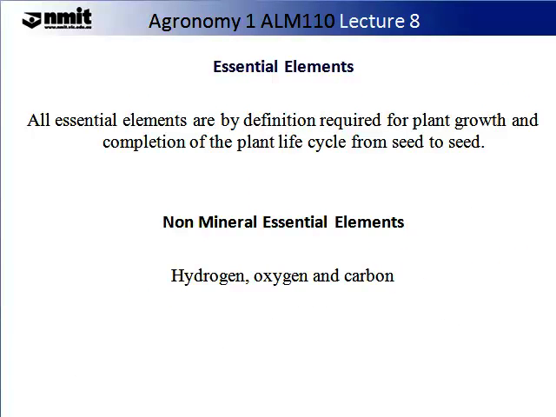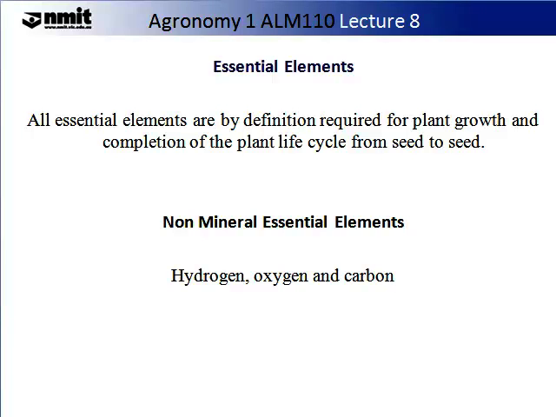So let us start with a definition. All essential elements are by definition required for plant growth and completion of the life cycle of the plant. That is, from seed all the way through to seed. There are 3 non-mineral essential elements. These are hydrogen, oxygen and carbon.